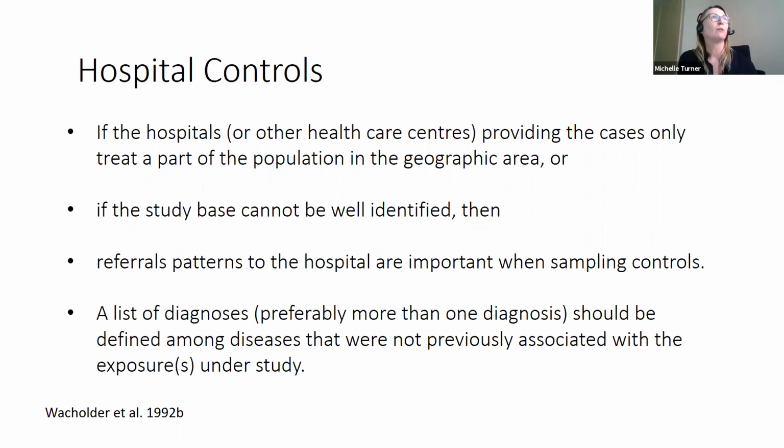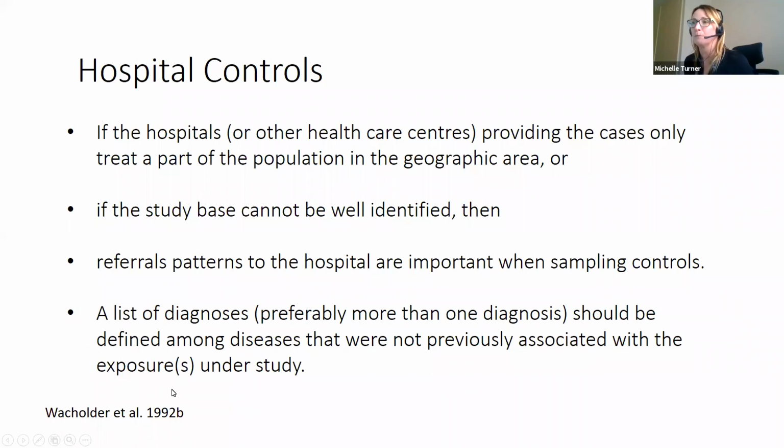I think it's really important to consider the controls that you are recruiting into your study, and to ask yourself, if they had become a case, would they have been diagnosed at that same hospital? There are different referral patterns for different types of diseases, and that's something very important to consider, especially in a setting where there are multiple hospitals.